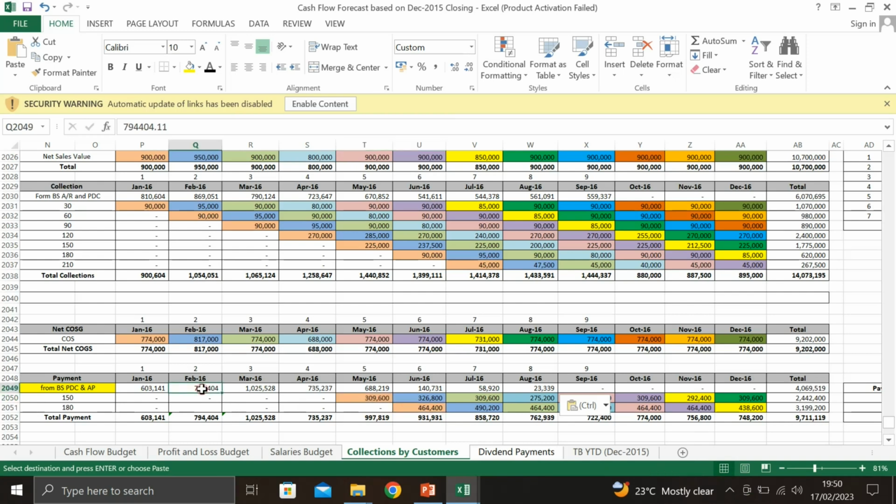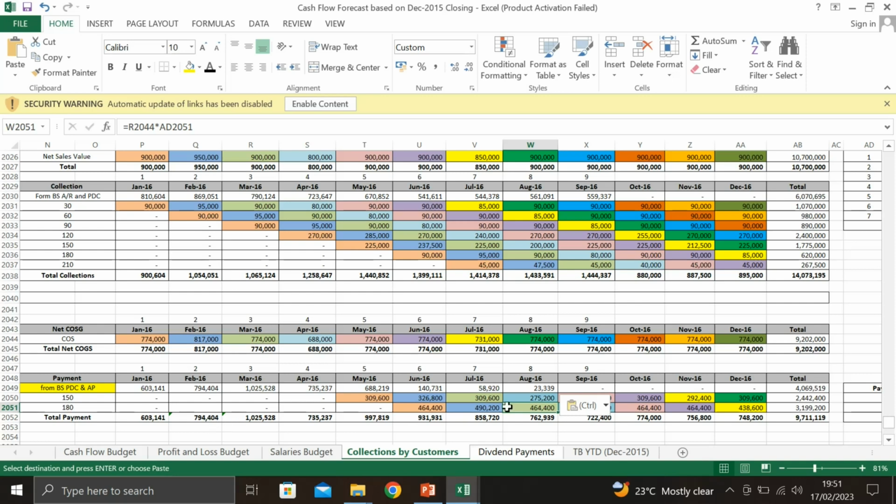Then this purchase for Feb, 817,000, you will pay in June and July. So like this you will make your forecast that whatever new purchases I make during the months, I will also issue the checks for them in future.